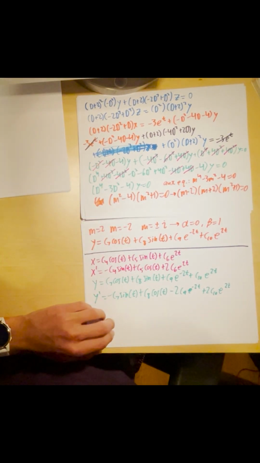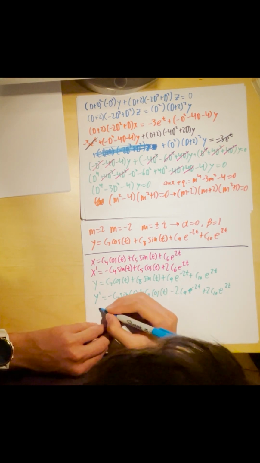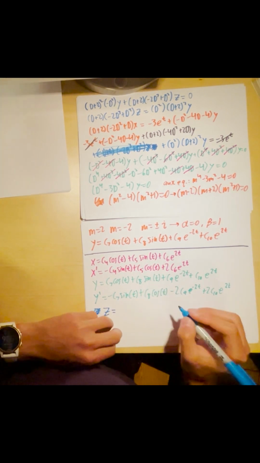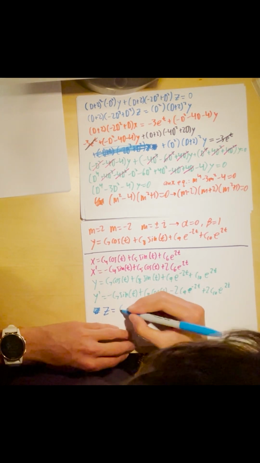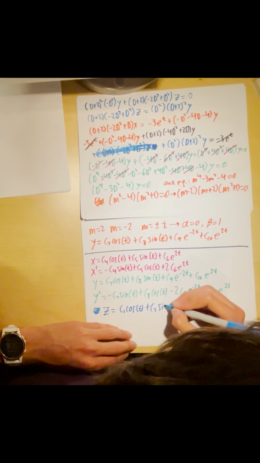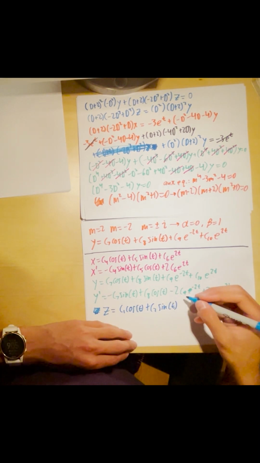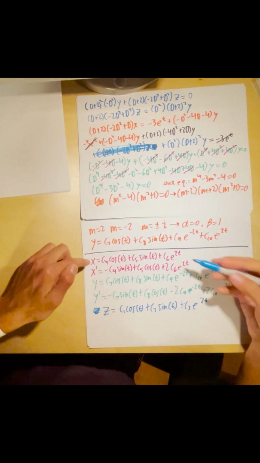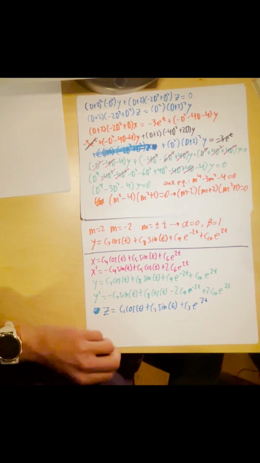Finally, let's get down our z. Z equals c1 cosine of t plus c2 sine of t plus c3 e to the 2t. Same form as x, just we get different constants.